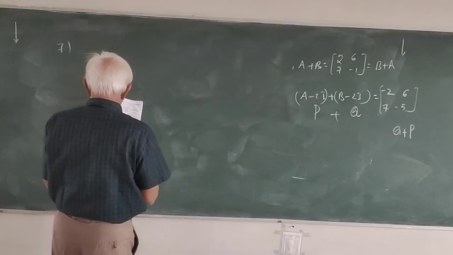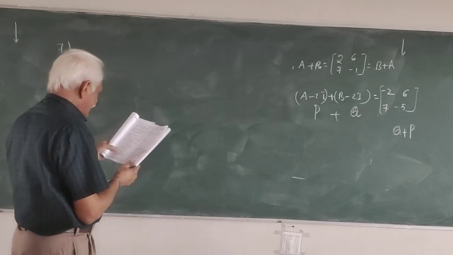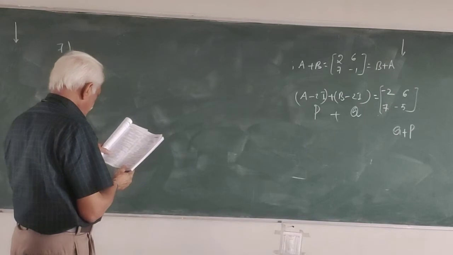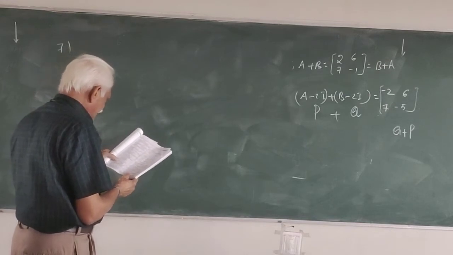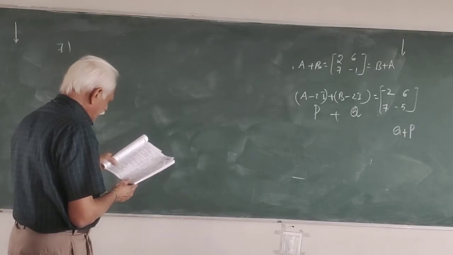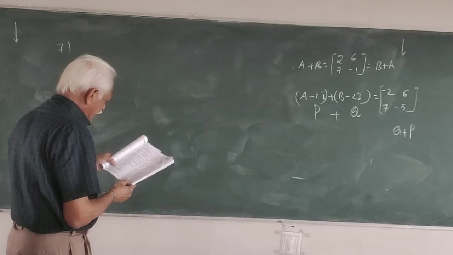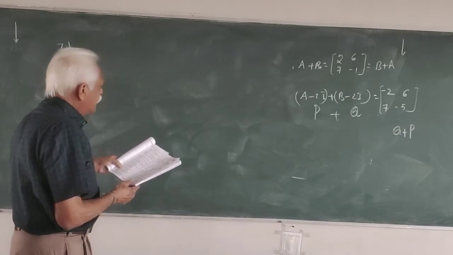D1 and D2 are two 3 by 3 diagonal matrices. Then D1 into D2 is a diagonal matrix, D1 plus D2 is a diagonal matrix, D1 square plus D2 square is a diagonal matrix.